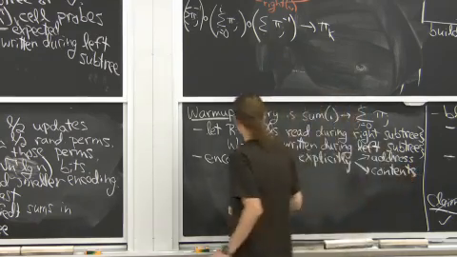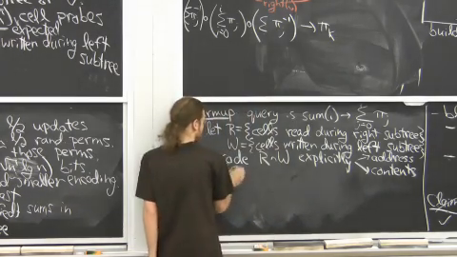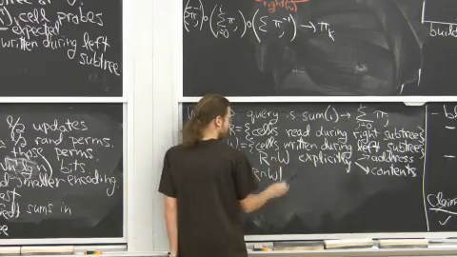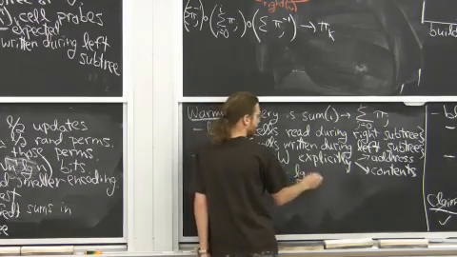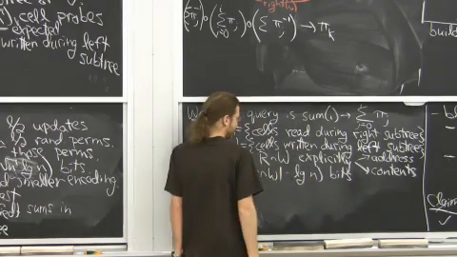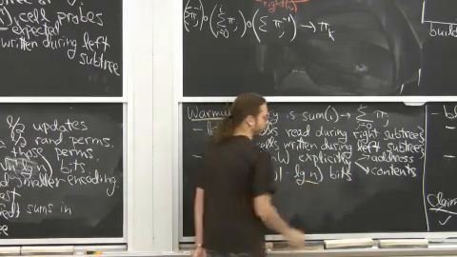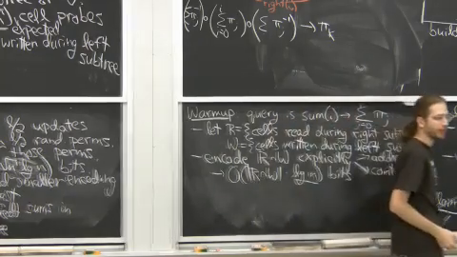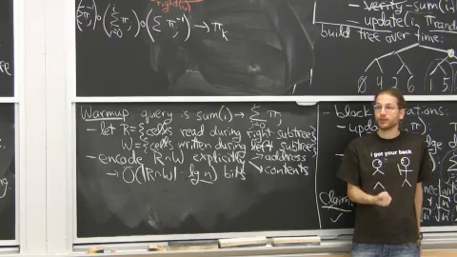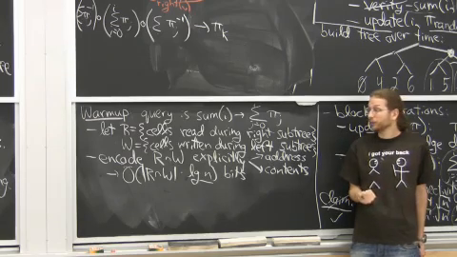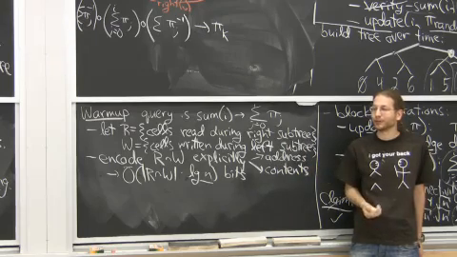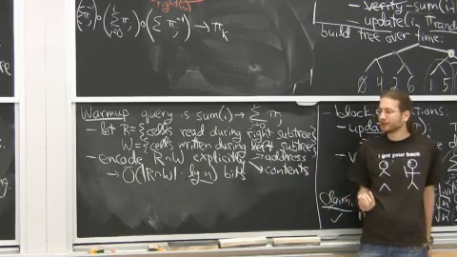So how many bits does that take? I'm going to say that it's R intersect W times log n bits. Here's where I need to mention an assumption. I'm assuming that the address space is order log n bits long. That's like saying that the space of your data structure is polynomial in n. And if you want any hope of having a reasonable update time, you need to have polynomial space at most.